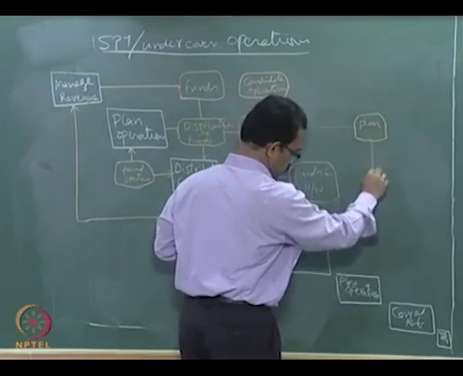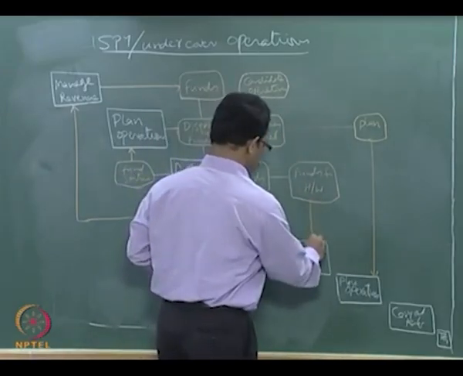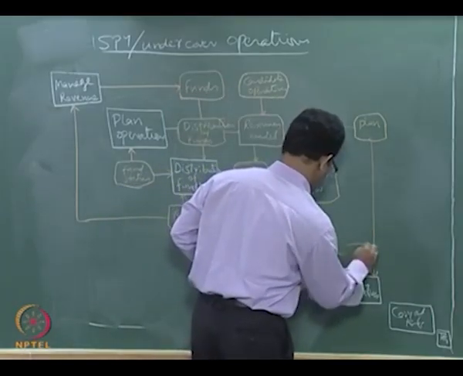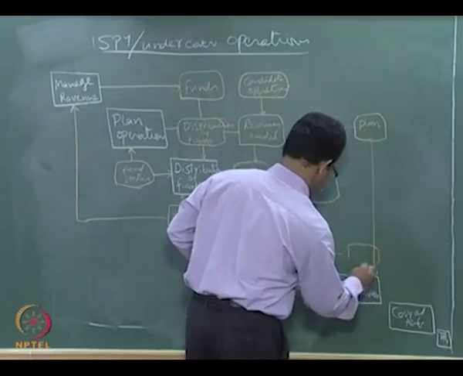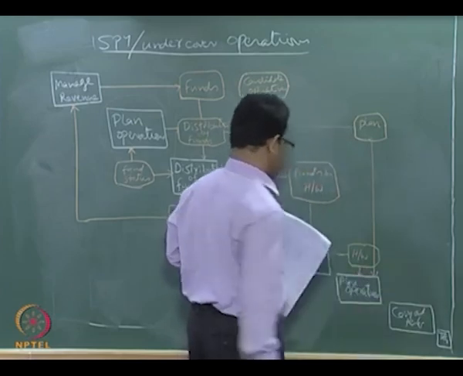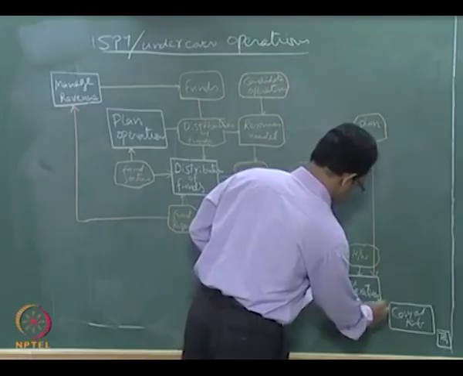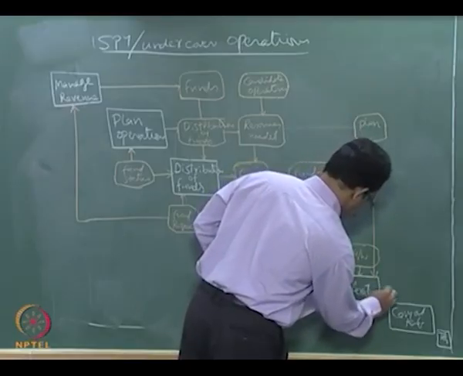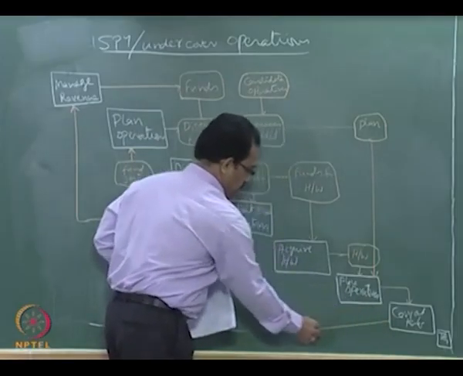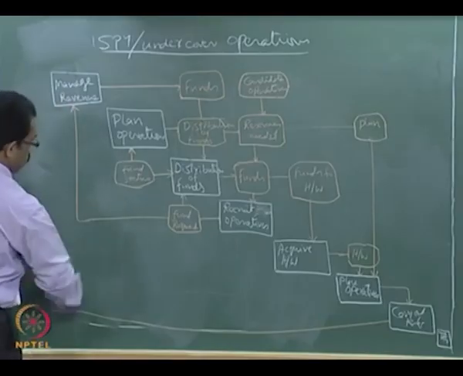The plan for action will be given to the operatives, and this is the acquire hardware, and this hardware will be used for the operations. Operatives will be carrying out the operation. So there will be direct interaction with this one, and then the feedback finally may be going back to the managed revenue or here to the plan operation.